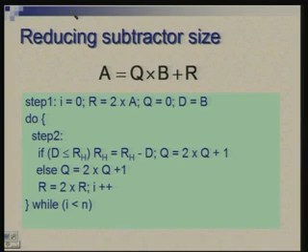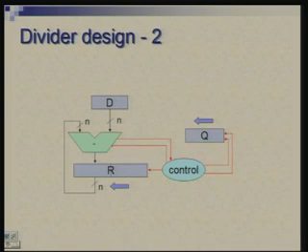So, with these two changes, we can have a circuit where the subtractor is only n bits, the size of register D is reduced, and both the registers shift in the same direction. So, now the next modification is very straightforward.